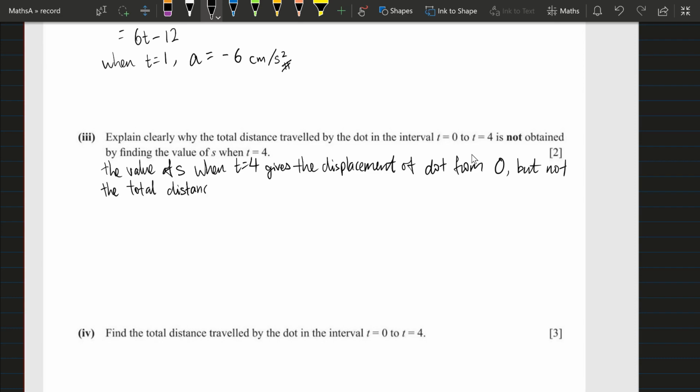So I'm not really sure if in the marking scheme that SEAB has, they would give you 2 marks just for writing this sentence. So I think it's really safer if we illustrate by a simple diagram.